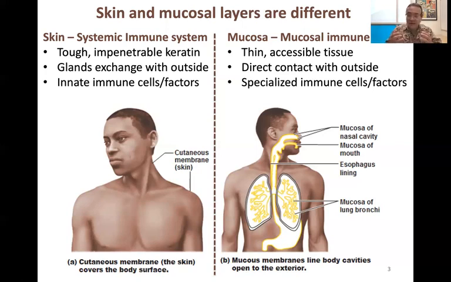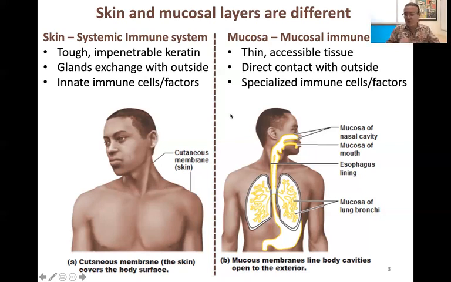So all of that we've been talking about in terms of how our innate effectors respond in something like our arm, we can now give a new category. We'll call that our systemic immune system. In other words, the immune system that deals with the outside of our body. That's how we have these innate responses. So a good example, of course, is our cutaneous membrane, our skin.